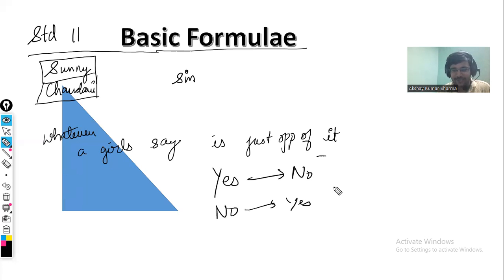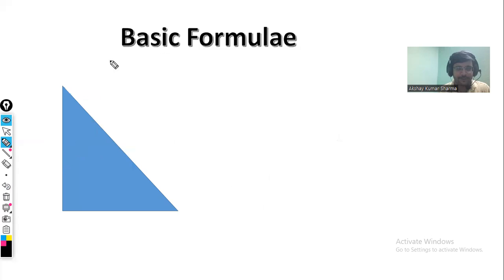I am just taking that as an example. Don't be offended, any girls who are watching this. So for us, our character Chandni is like that only. Whatever she says is just the opposite of it, guys. So the two characters are Sunny and Chandni. Let's jump into this.